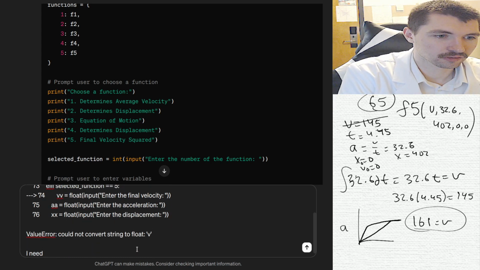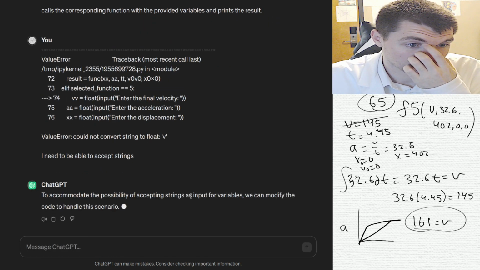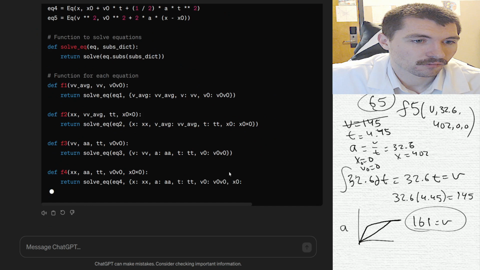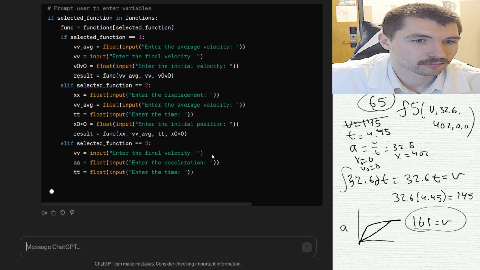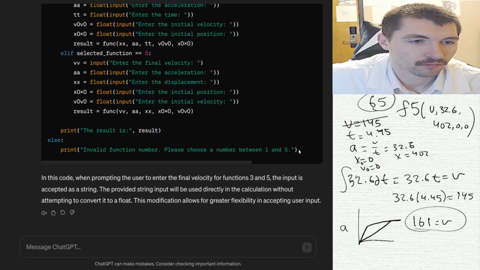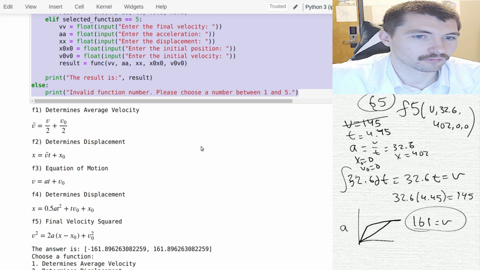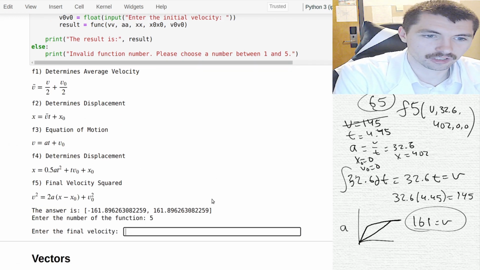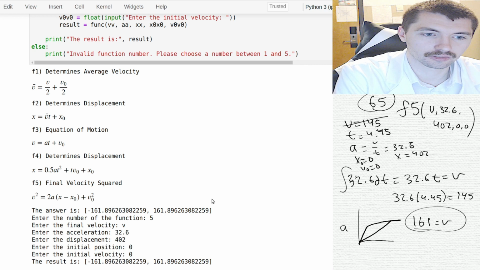I need a function 5 final velocity V, 32.6, 40200.